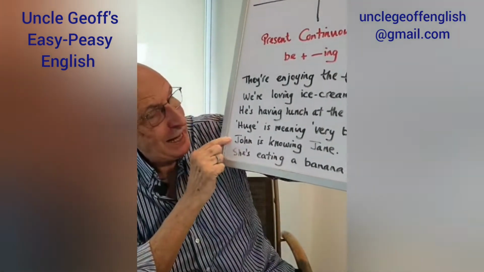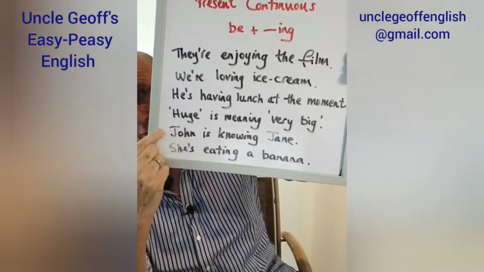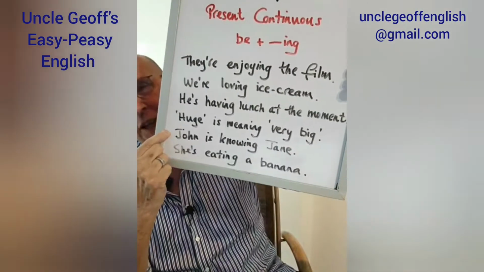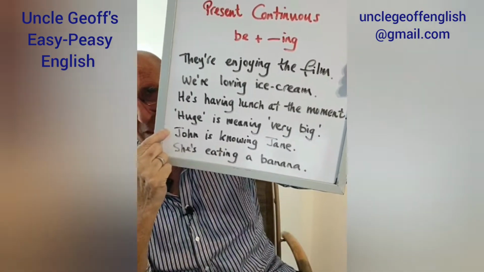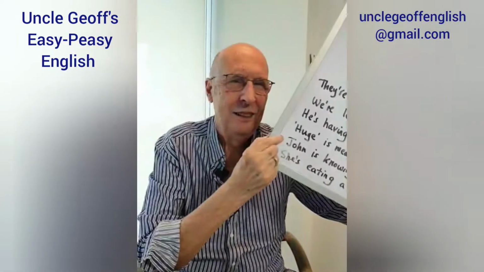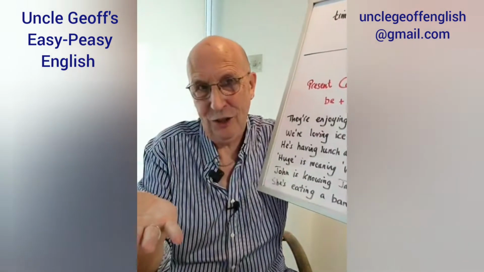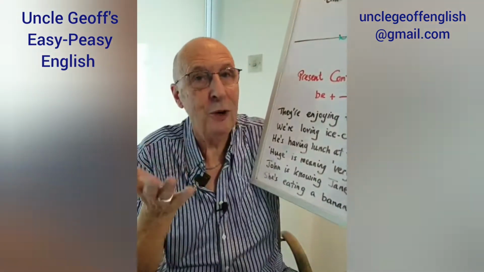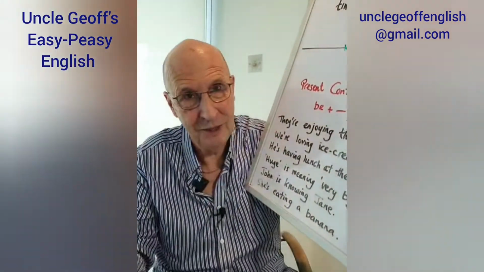Okay, next one. John is knowing Jane. What do you think? Sounds good? No. Again, you can't have know in a temporary form because either you know the person or you don't know them.